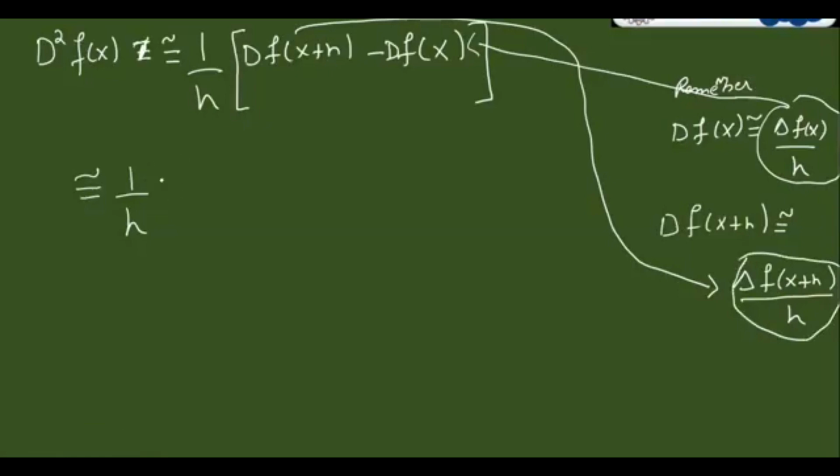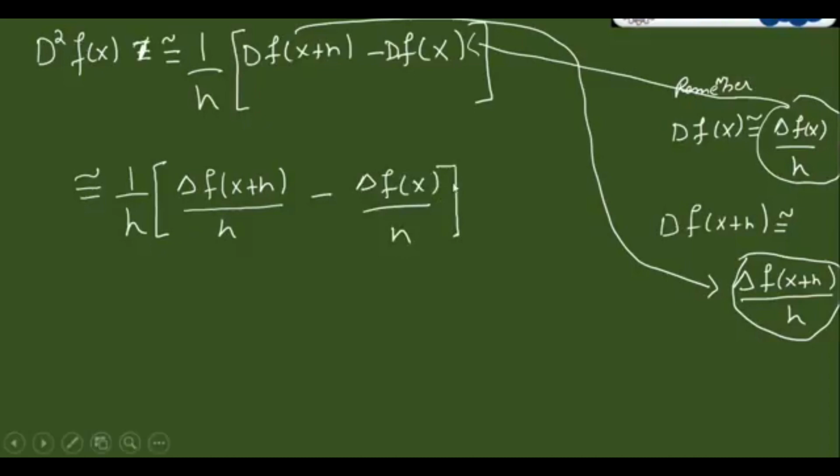So what will we get here? We get del f of x plus h. Keep in mind, the forward difference operator is just an operator. The definition remains the same. It does not matter at which point you apply it. Minus del f of x.